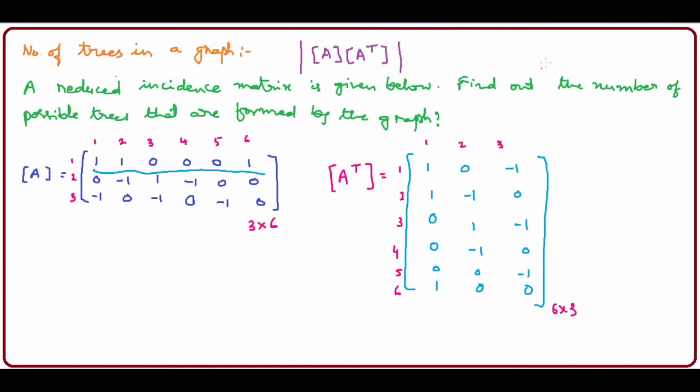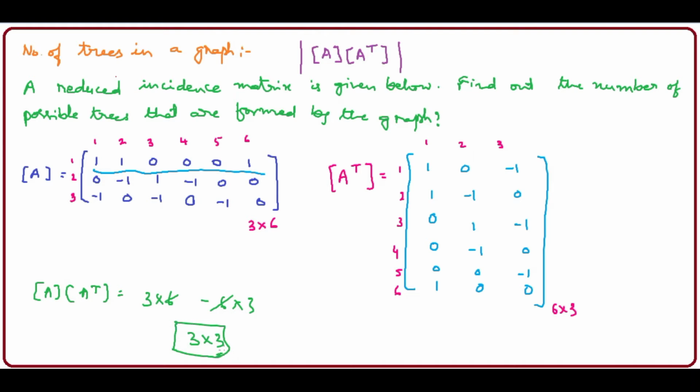For matrix multiplication, A into A transpose: if A is 3 by 6 and A transpose is 6 by 3, then finally a 3 by 3 matrix will come. So that is the concept.